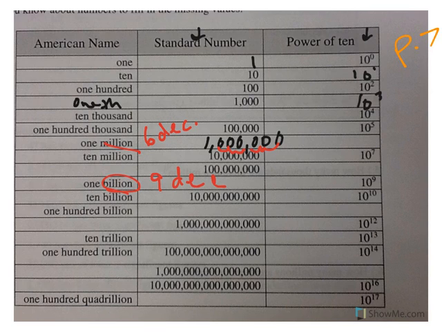When you fill this out, that will allow you to see those. Trillion is 12 decimal places. Those are going to be the three that we use the most. But when it gives you a number in millions, if you need to figure out how many decimal places to move, this basic chart can help you. So I'll let you go ahead and read the bottom of page 7 and answer those questions on your own.